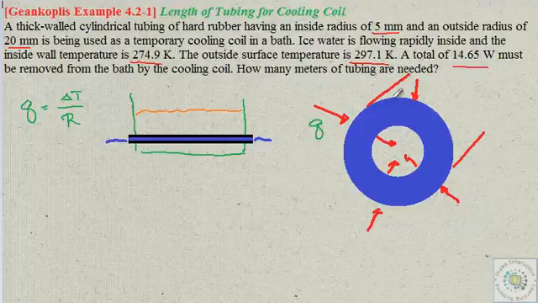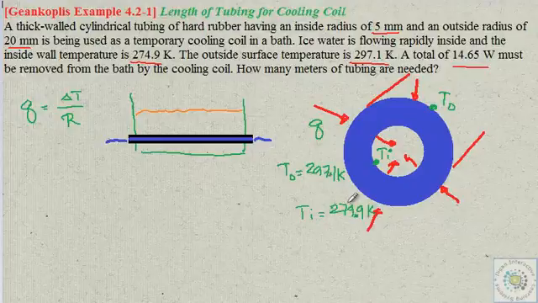Then delta T. The temperature on the outer surface we call TO. In this case, TO is equal to what? This is TO here, at the outer. TO is just equal to 297.1 Kelvin. It's higher than the temperature TI, the temperature at the inner radius of the pipe. TI in this case is just equal to 274.9.